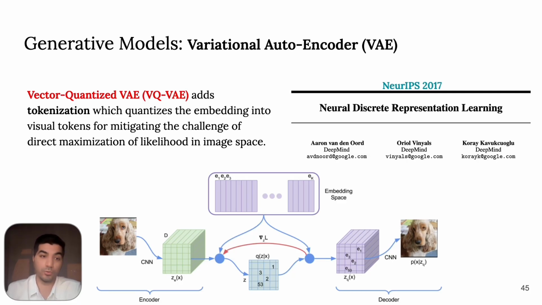This is used to mitigate the challenges of direct maximization of the likelihood, which becomes very challenging in image space, which is very high dimensional. But in this tokenized embedding space, it becomes a bit easier, and that's why it enables learning large scale models.